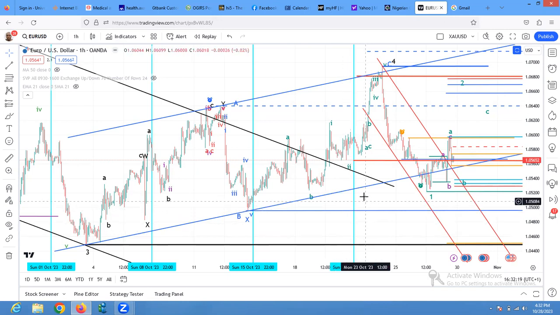But one thing we have done, we have broken this B. It's more apparent on what? On DXY and US dollar index. We have broken this B, and we can see that the price is visiting the lower edge of the channel here. So which means that we are done with this channel.